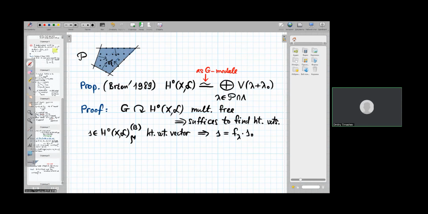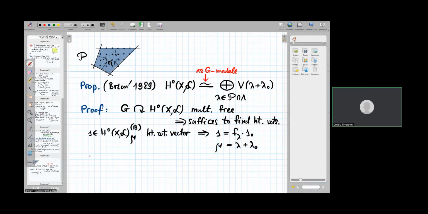The ratio of these two sections, both are semi-invariant. S and S naught are both semi-invariant. They differ by a semi-invariant rational function of some eigenweight lambda. And for the weights, we have the following. The weight of S is the sum of lambda and the weight of S naught.